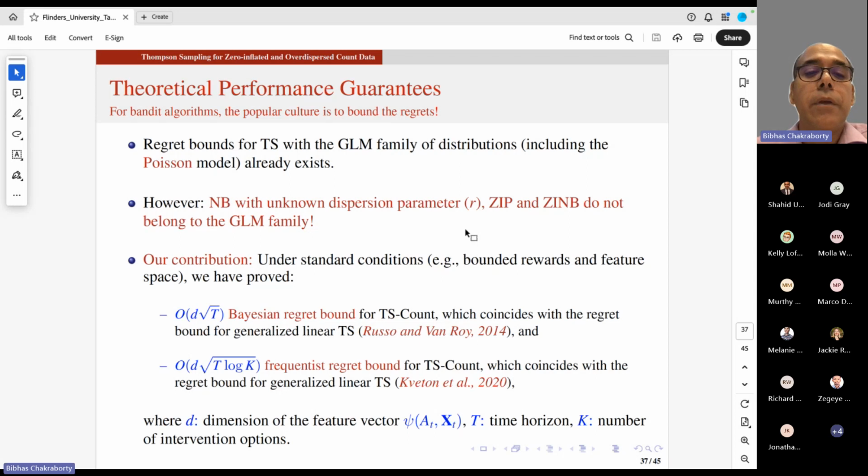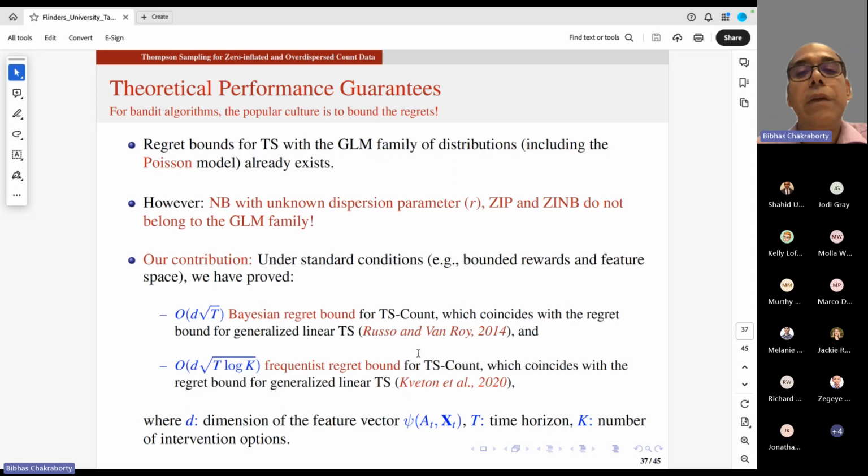We prove, under certain conditions, bounds that are comparable, both for Bayesian regret and for frequentist regret. We create bounds that are comparable to all existing bounds for generalized linear models.